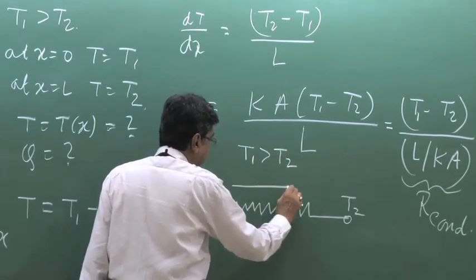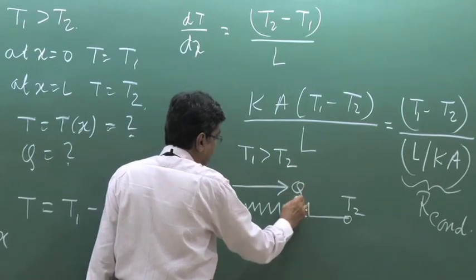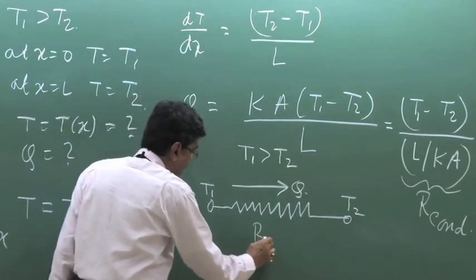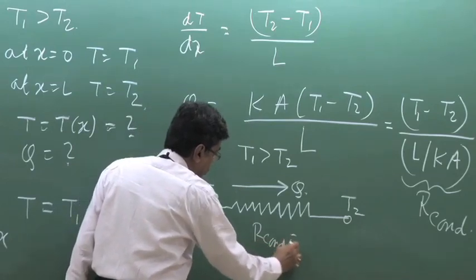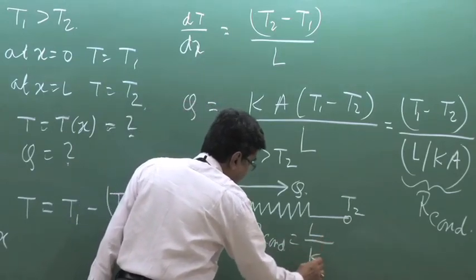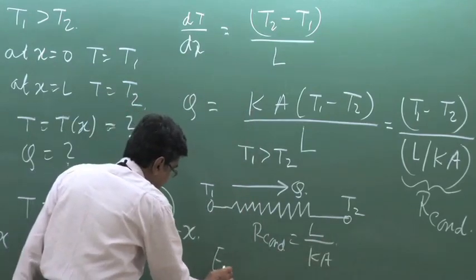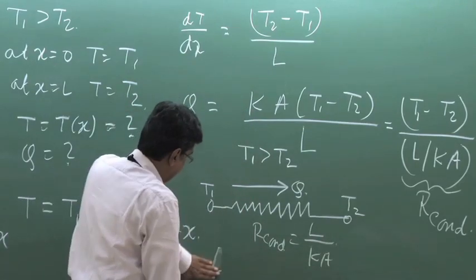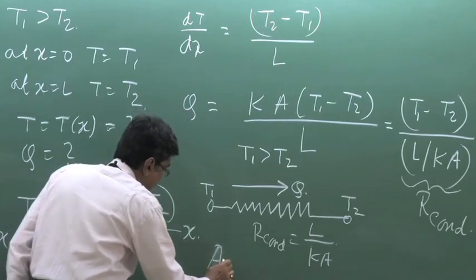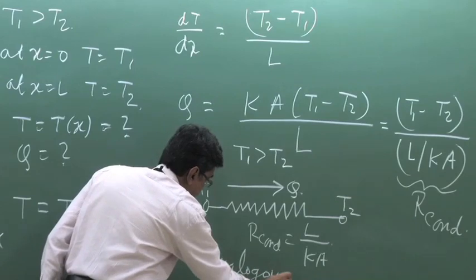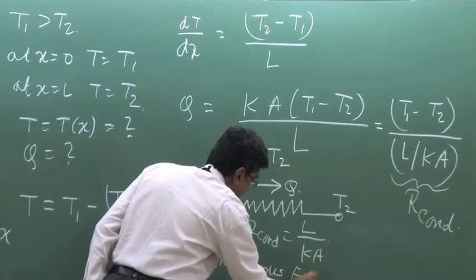So therefore a heat flux is flowing like this, and this R conduction is equal to L by KA, and it is analogous to an electrical circuit.